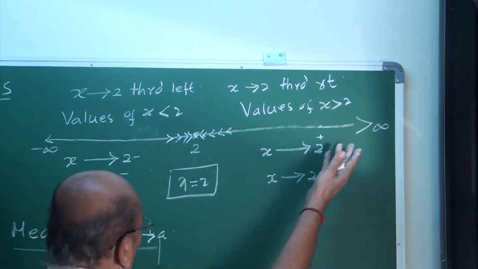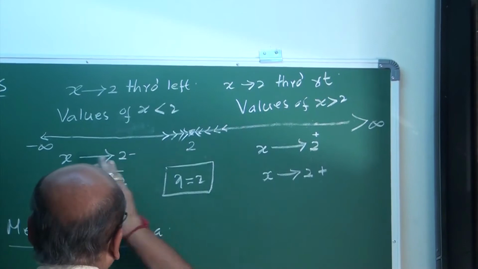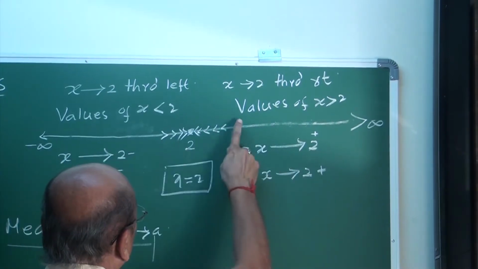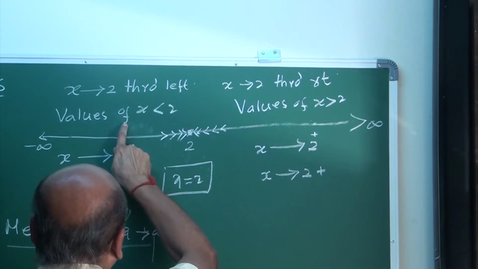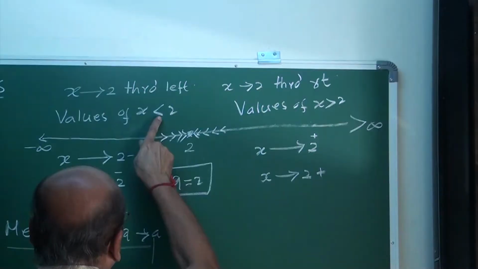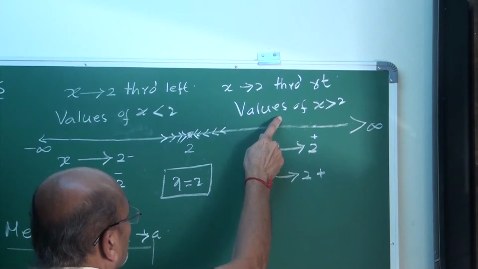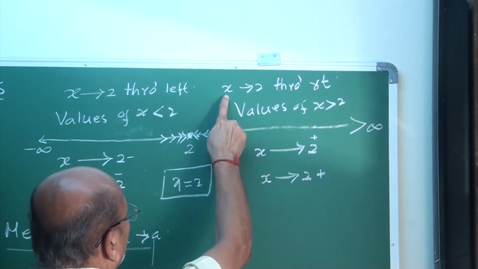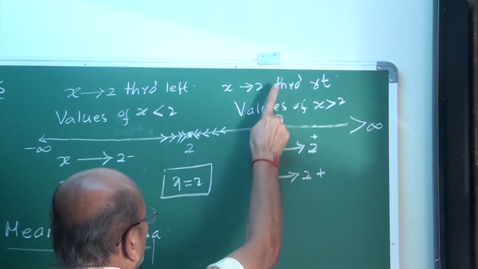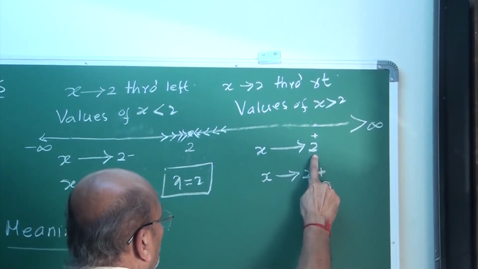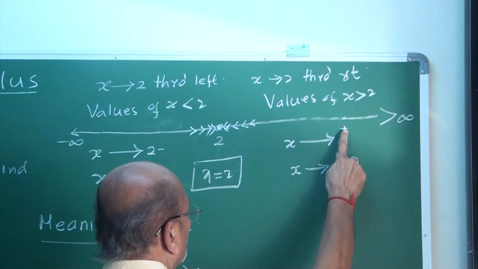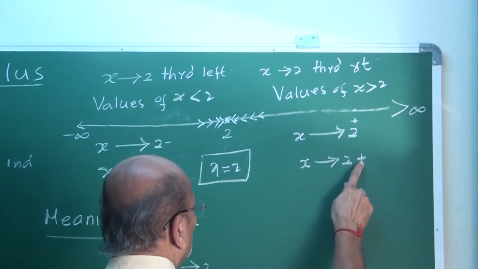From this side it comes. This is known as right of 2, this is known as left of 2. This side the values are less than 2, this side the values are greater than 2. X tends to 2 through right, or taking values greater than 2, we denote symbolically as x tends to 2 plus.